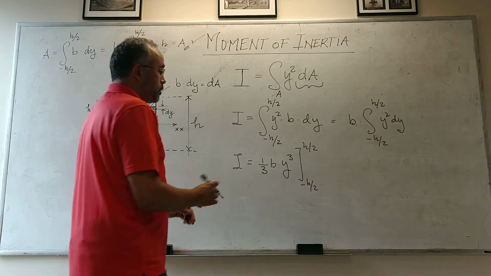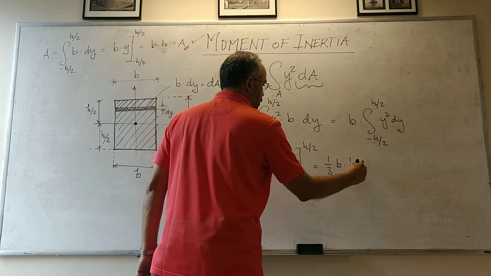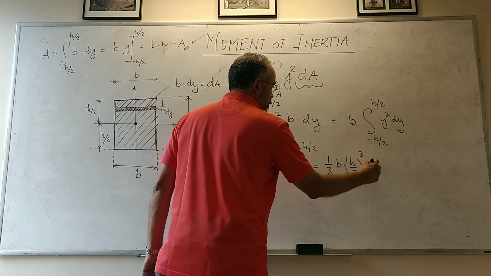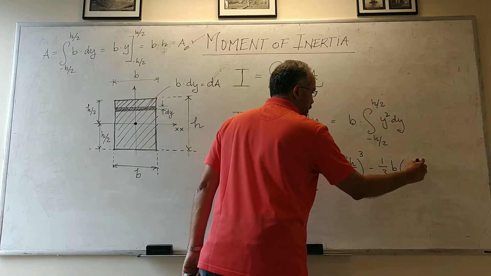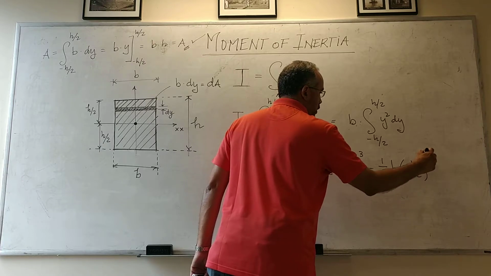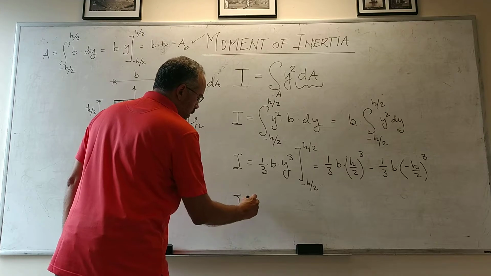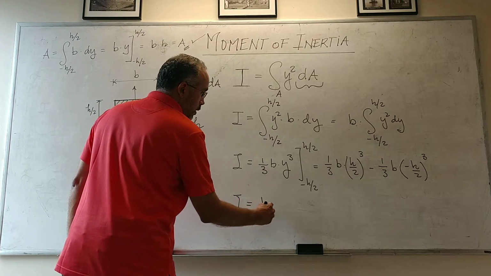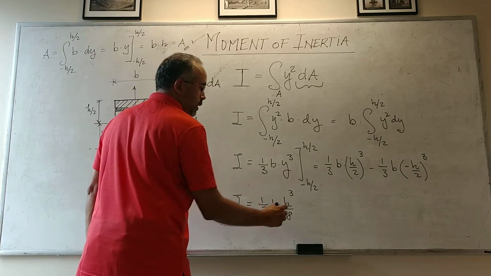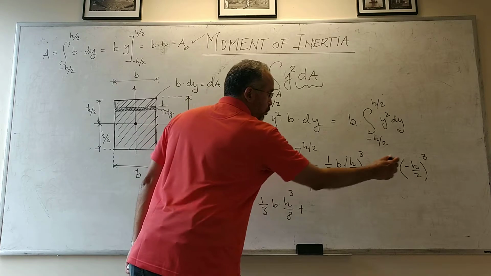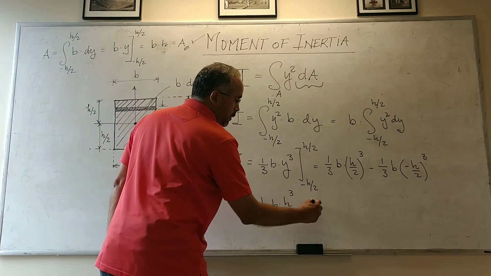Now we just have to substitute in. We have 1/3 b times h over 2 cubed, minus 1/3 b times minus h over 2 cubed, which results in 1/3 b h cubed divided by 8 plus the same again, because of the two minuses. And it's cubed, so the minus doesn't disappear.